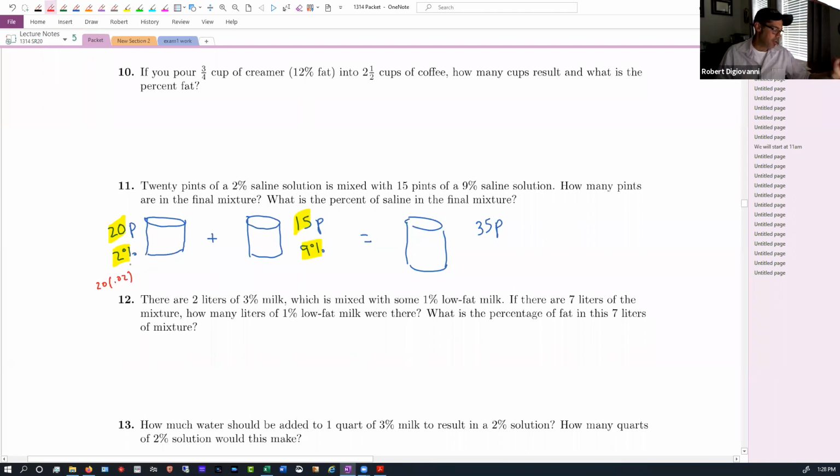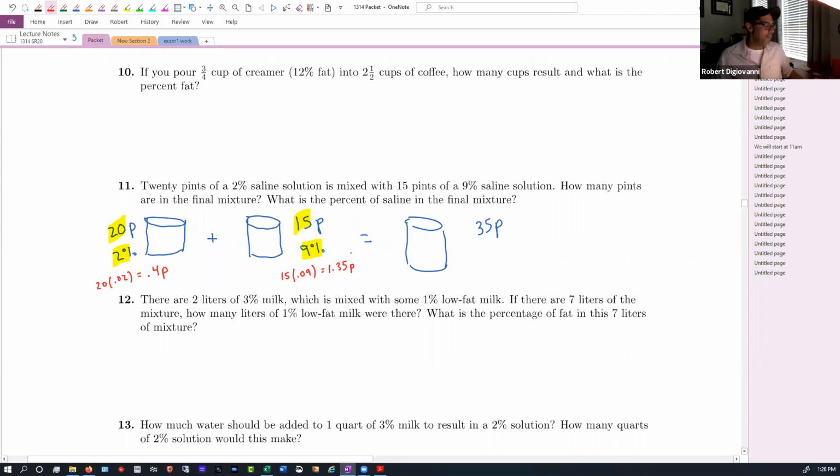Be real careful to make sure 2% is converted properly. You should get 0.4 pints. And then on the next one, we're going to do 15 times 0.09. And yeah, I better do that one on my calculator. So 15 times 0.09 gives you 1.35 pints.